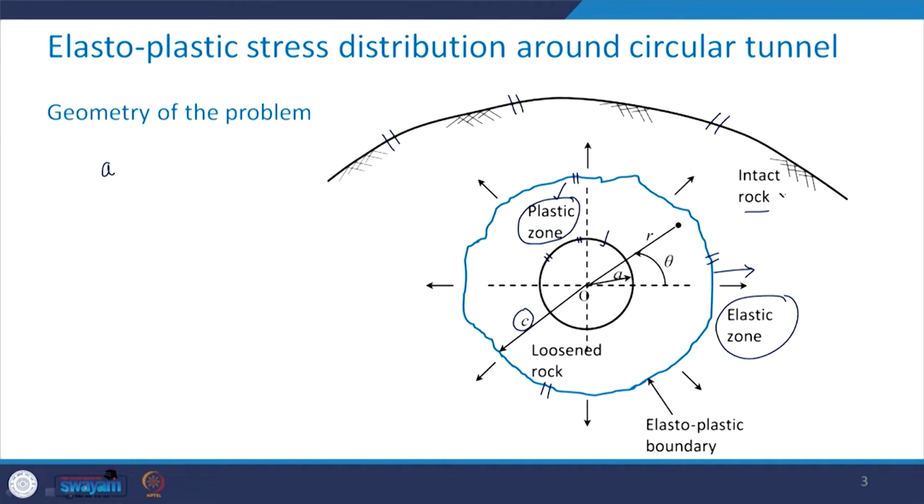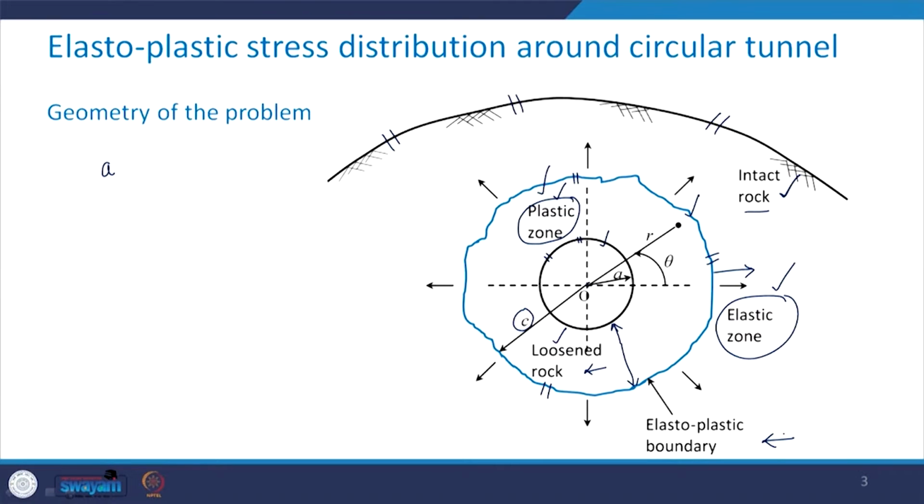This is what we call the intact rock, and here in this plastic zone, that is from here to here, you will have the loosened rock. So, this boundary drawn in blue is the boundary between the elastic and the plastic zone, and therefore we call it the elasto-plastic boundary.